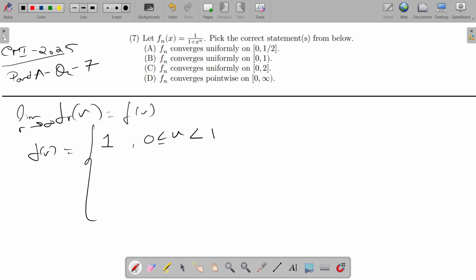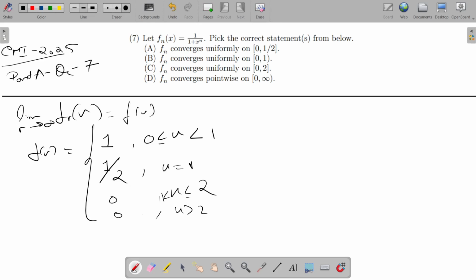For x equals 1, we can just put 1, so this will be half at x equals 1. Now, if x is greater than 1, x to the power n goes to infinity as n tends to infinity, so the whole thing will be 0, from x greater than 1 up to 2, and 0 for x greater than 2.